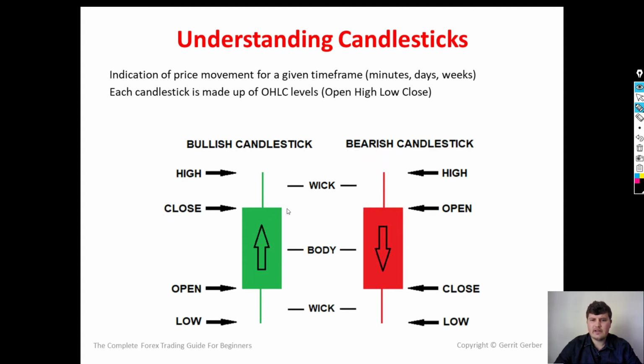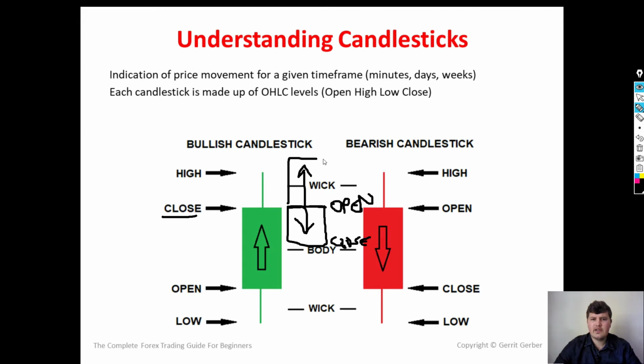So let's say this candlestick over here closed at this level, so the next one would automatically open up over here, and then it can either be another bullish candle or it can be a bearish candlestick. And that will be determined at the closure of the specific candlestick. So if the close is lower than the open, then it will be a bearish candlestick or red candlestick.